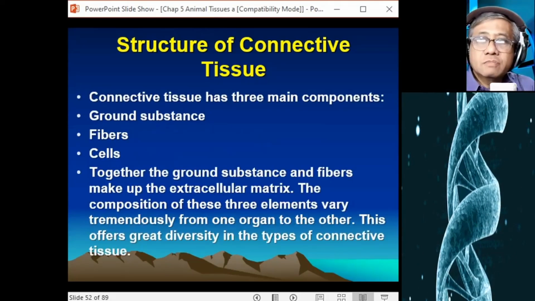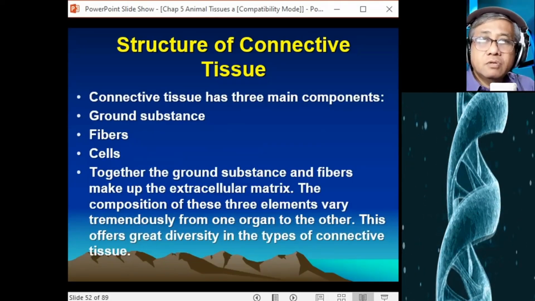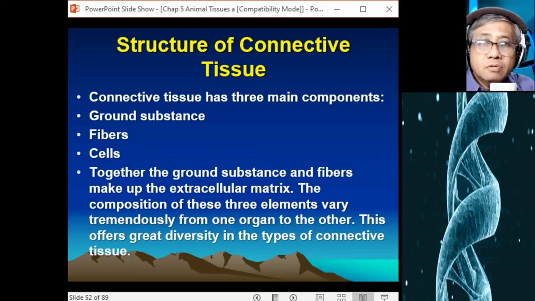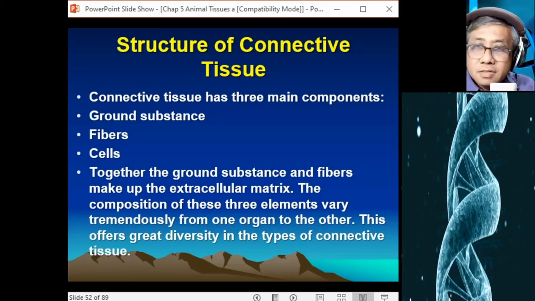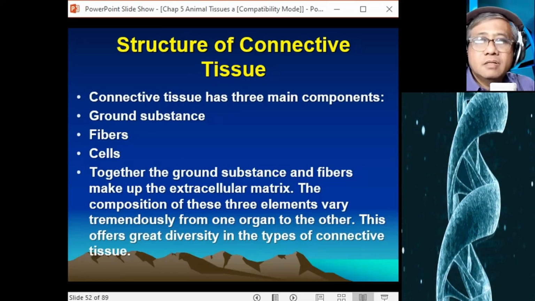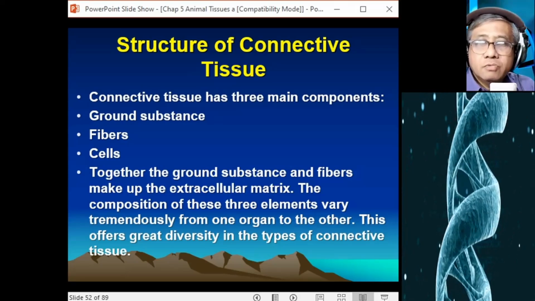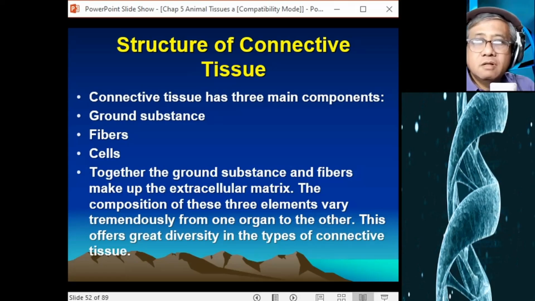Okay, structure of connective tissue. So a typical connective tissue has three main components. So we have ground substance or yung extracellular matrix, yeah. All right, fibers and the cells. Okay, together with the ground substance and fibers, they make up the extracellular matrix.